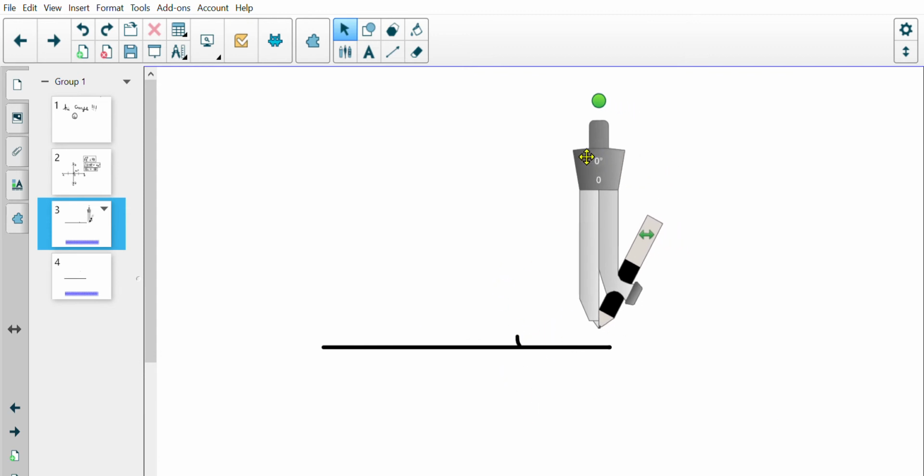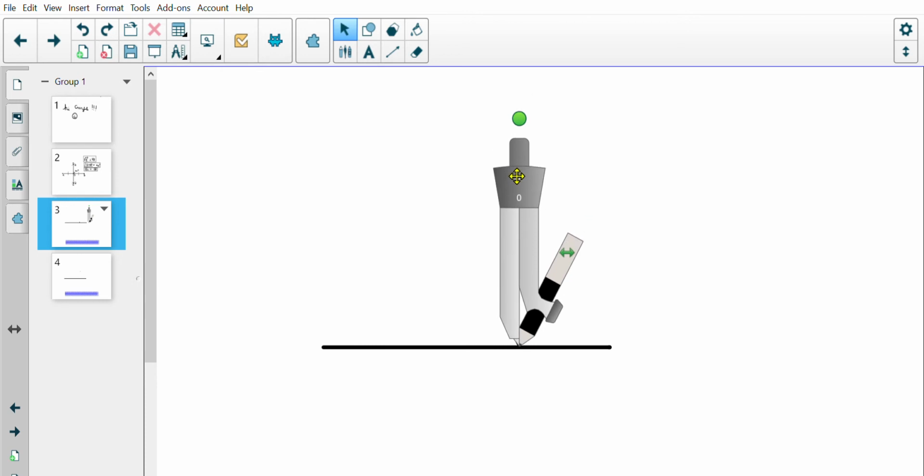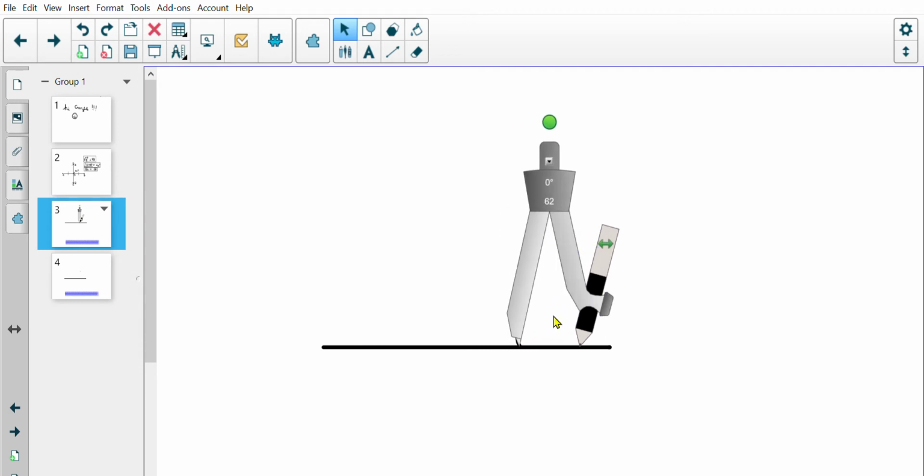So you place the needle end of your compass on the point. Then you extend your compass such that it is more than half of the distance between this point and its closer end.